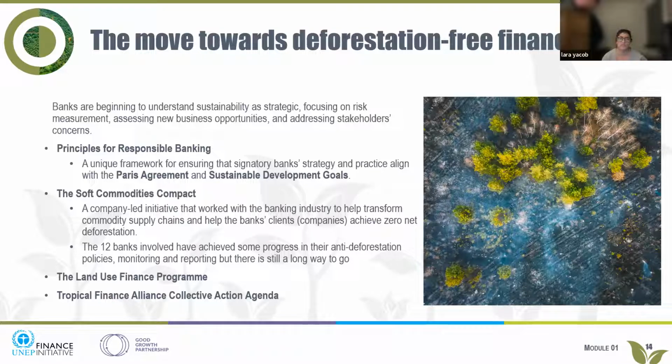So for example, the Principles for Responsible Banking is a framework that was developed by UNEP-FI, and it essentially helps signatory banks start to align their portfolios with the Paris Climate Agreement and with the SDGs. And they're working now on quite concrete actions around biodiversity, target setting.